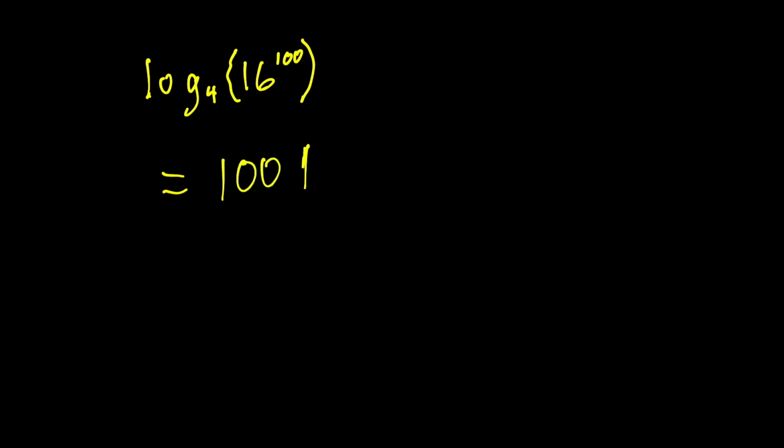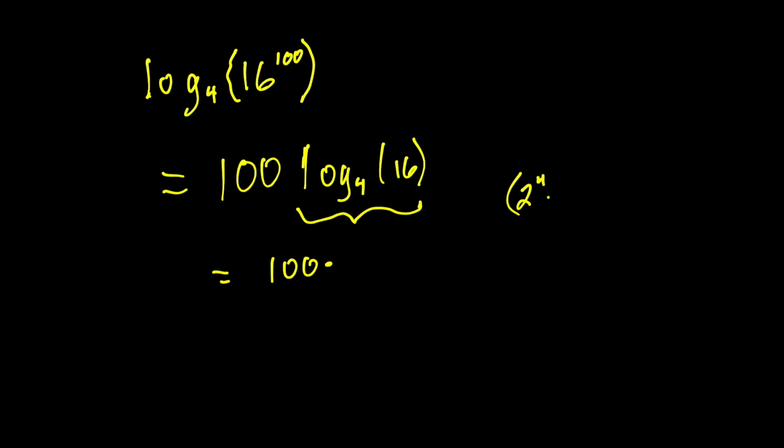It becomes 100 log base 4 of 16. The log base 4 of 16 is 2, because 4 to the 2nd equals 16, writing it in exponential form. So I'd have 100 times 2, and that just becomes 200.